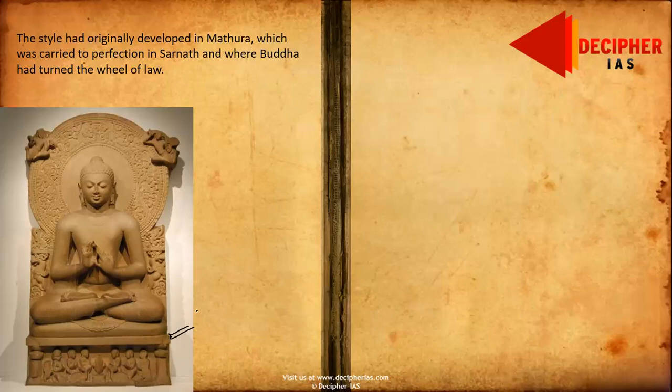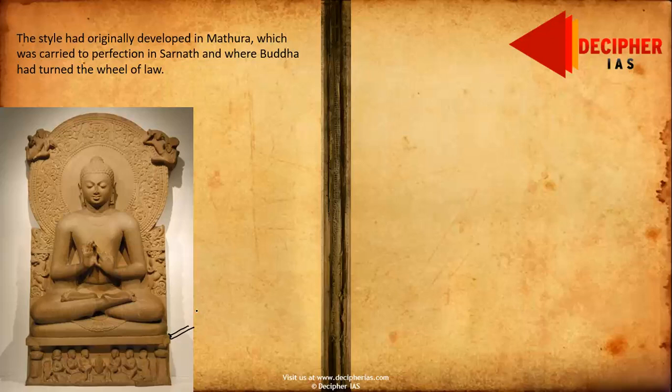The style of Gandhara school of art and sculptures had attained an unprecedented excellence during the Gupta period. This style had originally developed in Mathura, which was carried to perfection in Sarnath, where Buddha had turned the wheel of law and gave his first sermon.